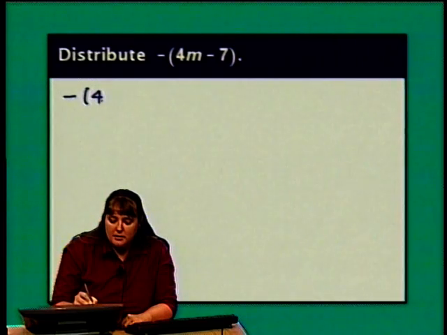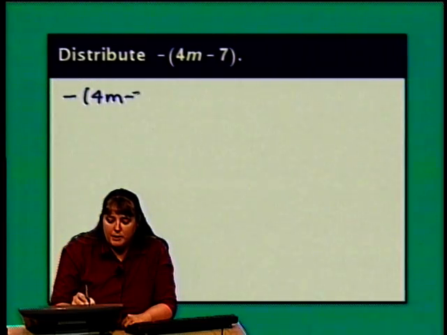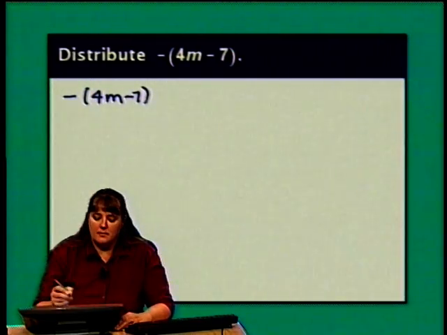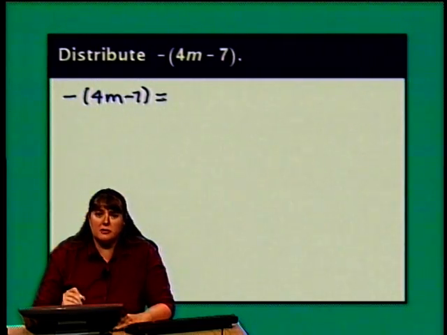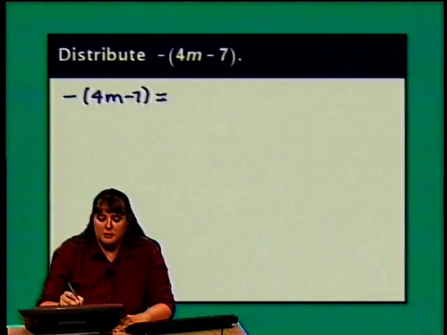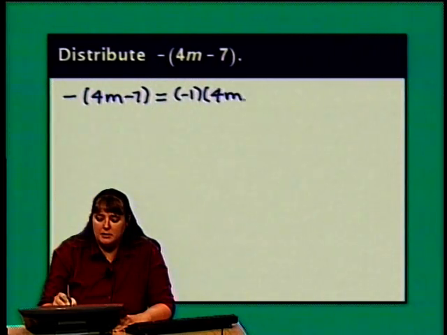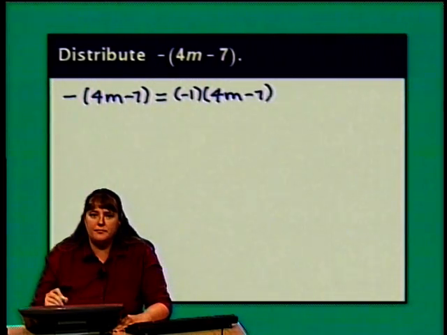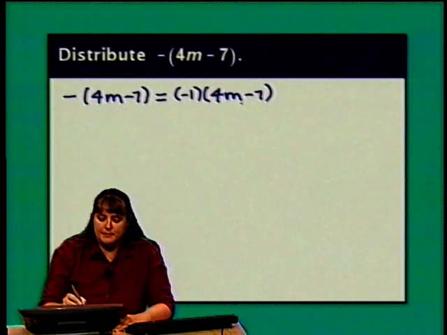Now let's try the opposite of the quantity 4m minus 7. To see what we're doing, I'm going to rewrite this problem a little bit as negative 1 times the quantity 4m minus 7. So the distributive property tells me I need to distribute the negative 1 to each of the terms in parentheses.